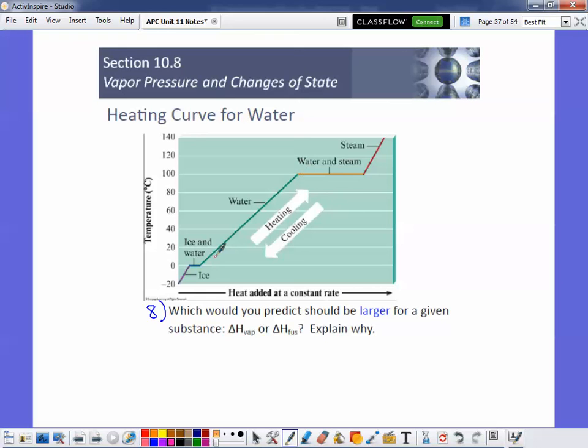So going from solid to liquid, those forces weaken. Going from liquid to gas, they are completely overcome. Bottom line is substances cannot multitask. They can either change phase or change temperature, not both at the same time.